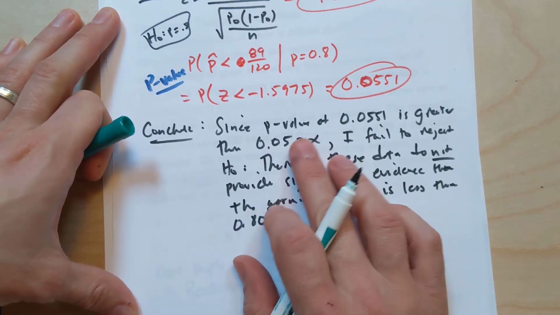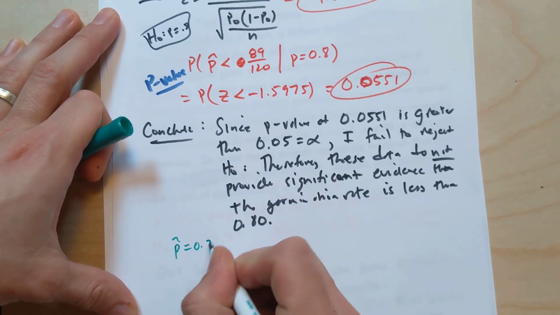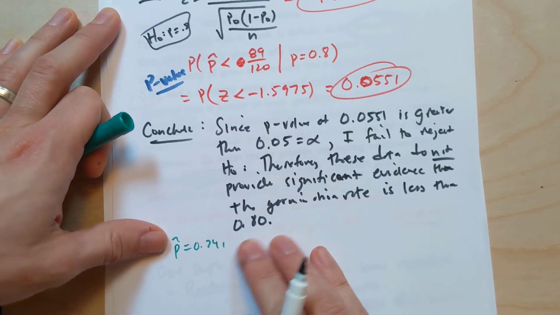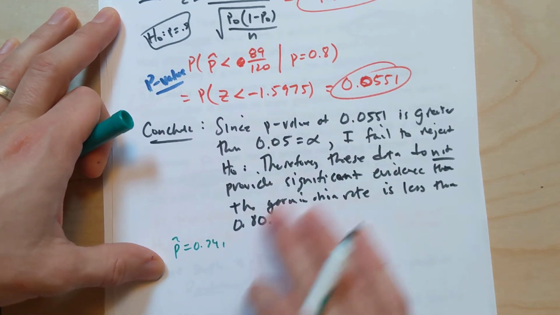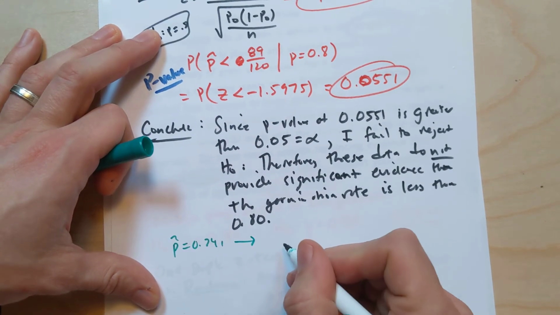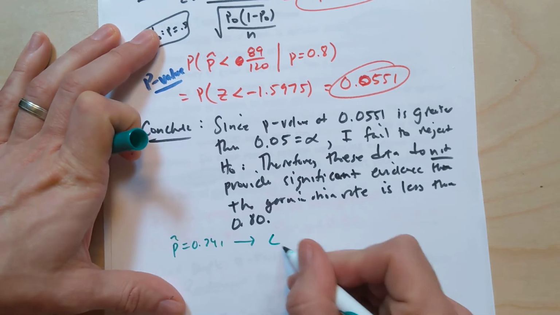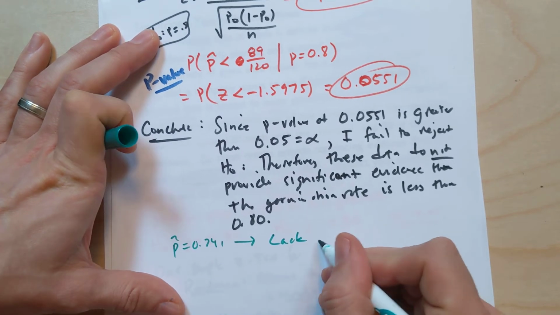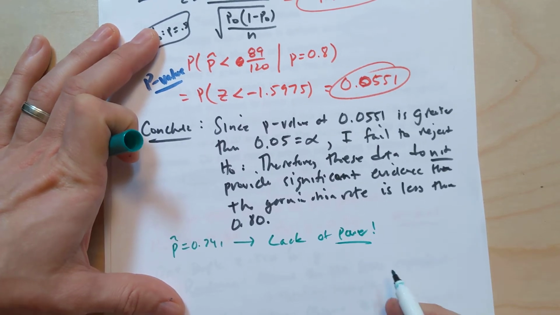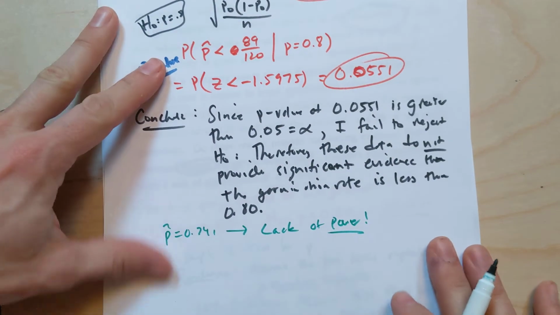The p-hat was like 0.741, which is definitely less than 0.80, so it felt like we were on the edge of getting significant evidence. So what we potentially had here, if we should have rejected and didn't, is a type 2 error. If we did make a type 2 error, that means we had a lack of power in our test. We would have been great if we had more power. The probability of rejecting the null hypothesis was a little low.